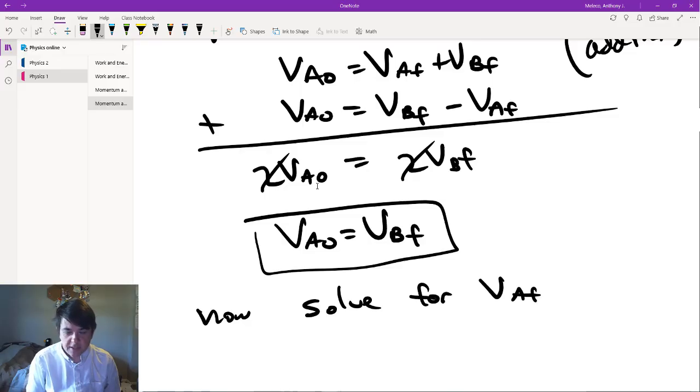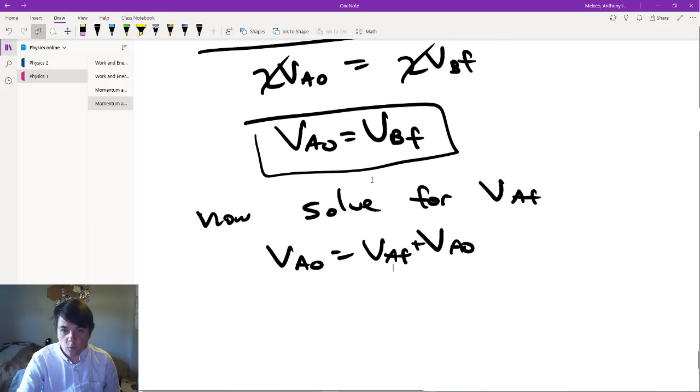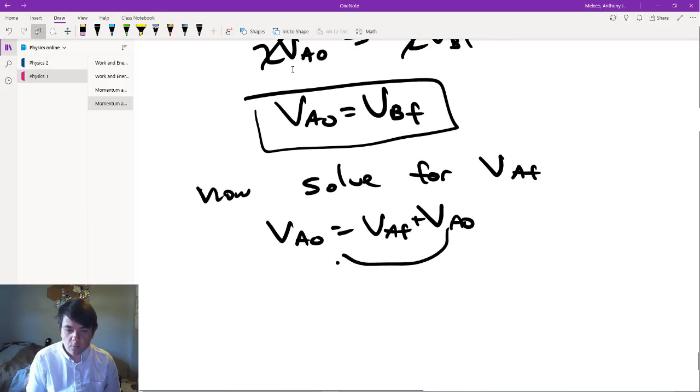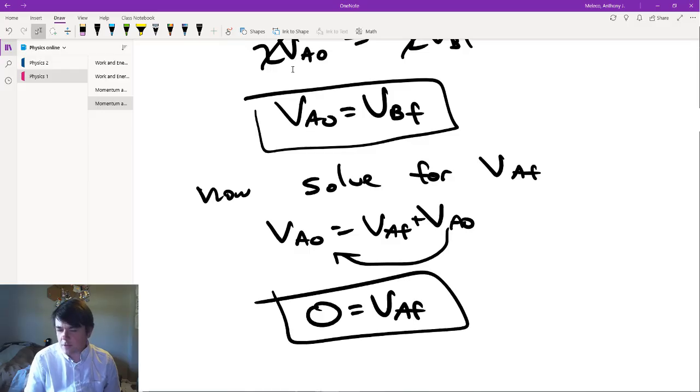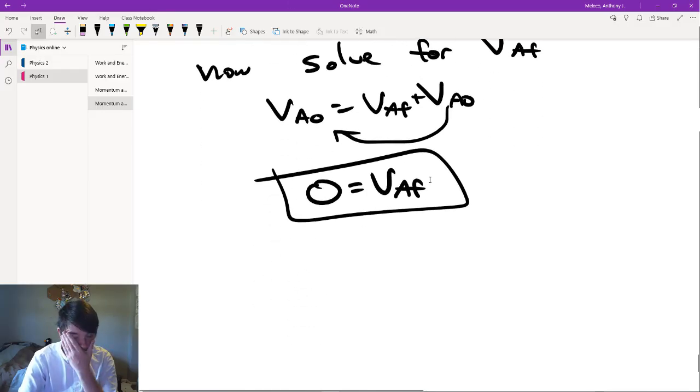What does this mean for the second one? VAO equals VAF plus VBF, and VBF is VAO as well, so we move this over and we get 0. So VAF equals 0. What does this actually mean? It means the first ball is not moving after the collision.